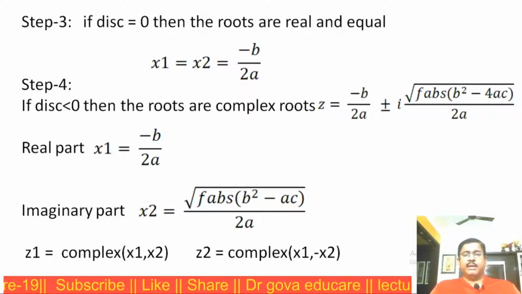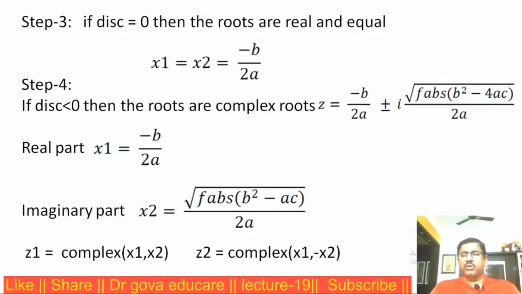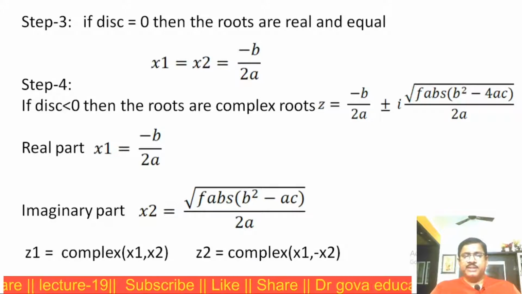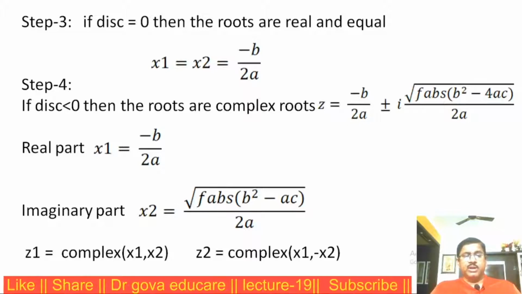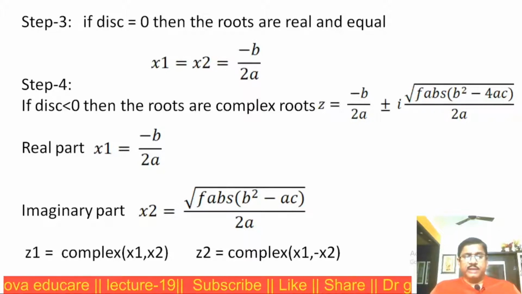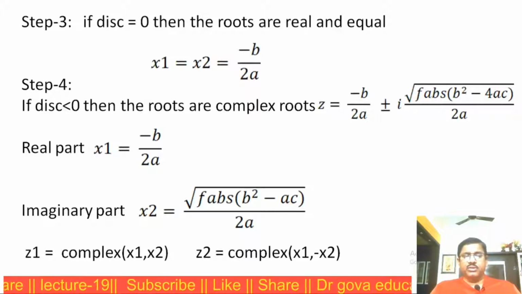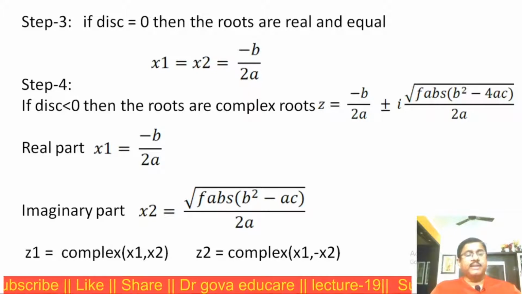Here minus b by 2a is the real part, and square root of fabs of b square minus 4ac by 2a is the imaginary part. Finally, the first root z1 is complex of x1 comma x2, and the second root z2 is complex of x1 comma minus x2.